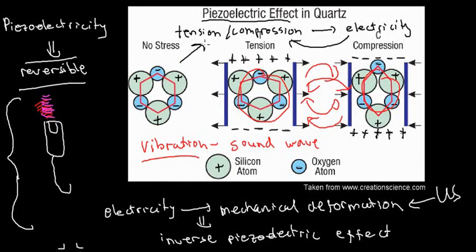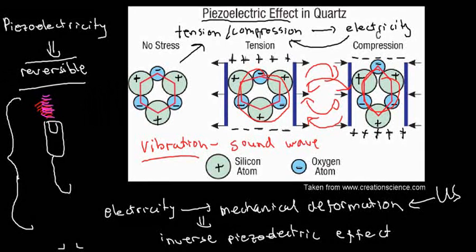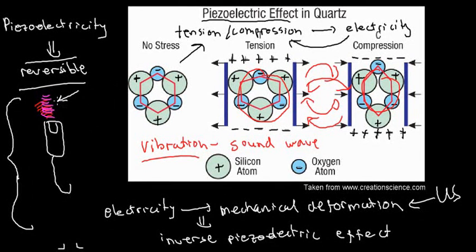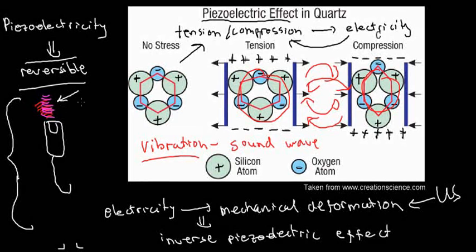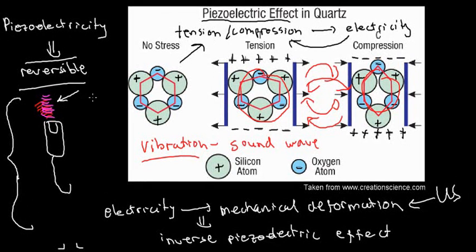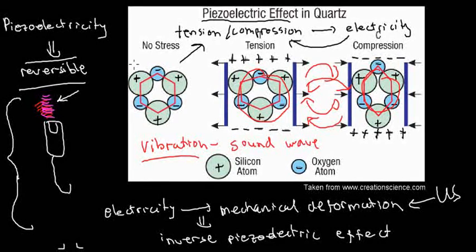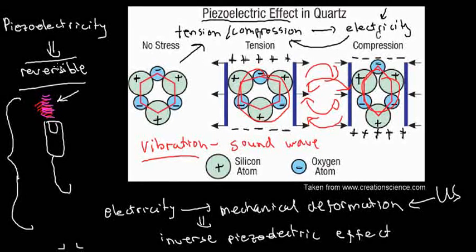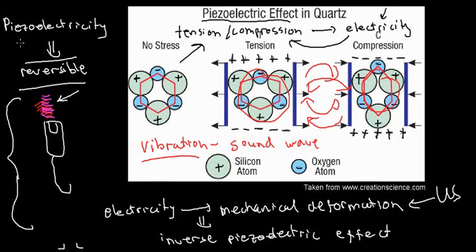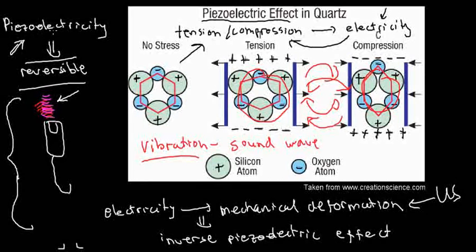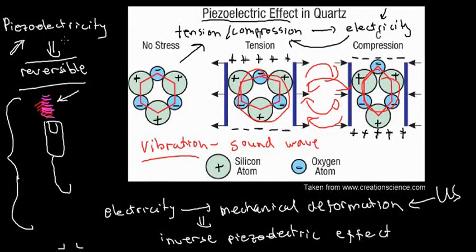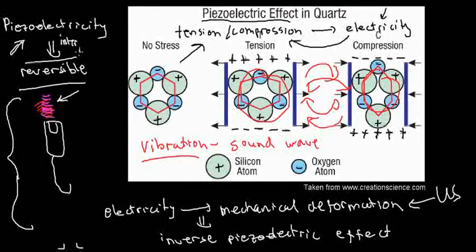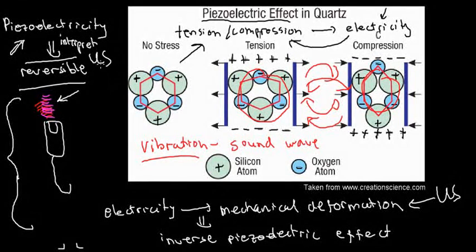The ultrasounds are going to come in contact with the material and cause it to change its shape, so we can get a reading of electricity, and that I can interpret as information. So basically, I can use the piezoelectric effect to interpret ultrasound, whereas I use the inverse piezoelectric effect to generate ultrasound.